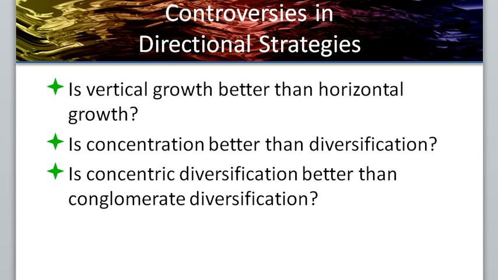Now, the big question is: is it better to grow vertically or horizontally? Basically, it depends on the industry. In some industries, if there's room to grow horizontally, you may want to do that first before you grow vertically, or you may want to grow vertically and horizontally at the same time. It just depends on what's right for the industry. So, is concentrating better than diversifying?